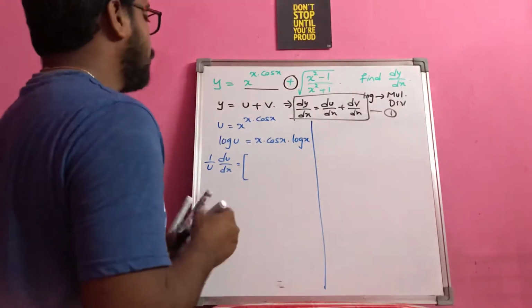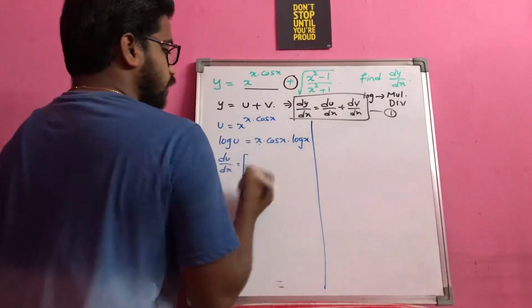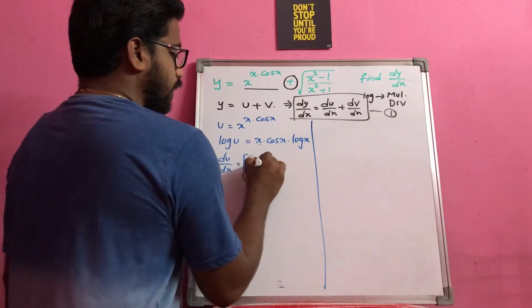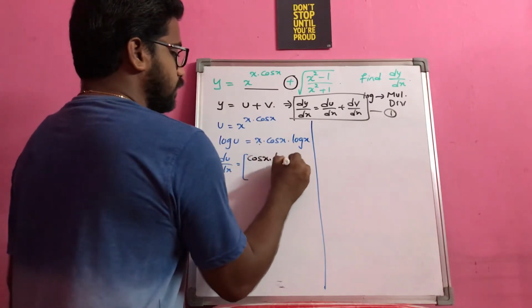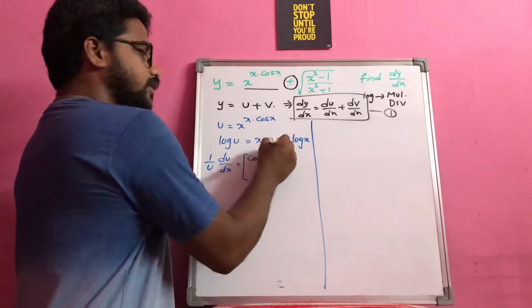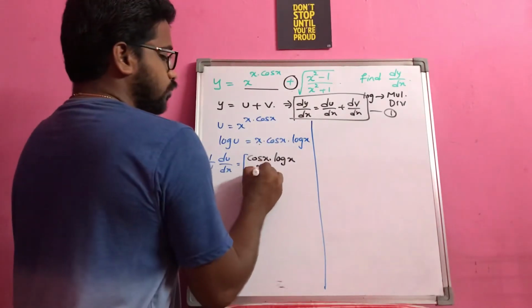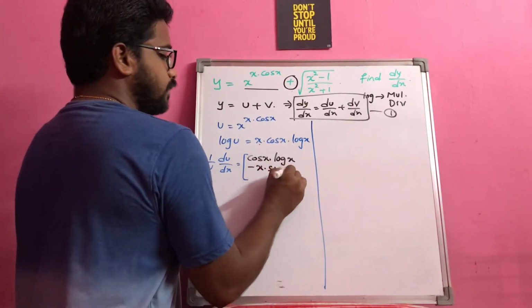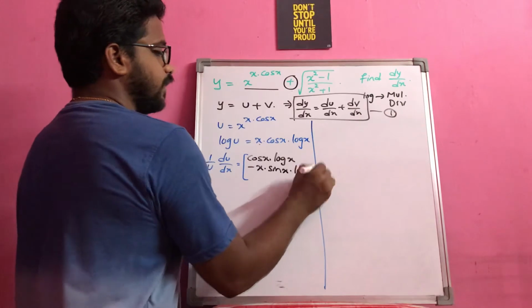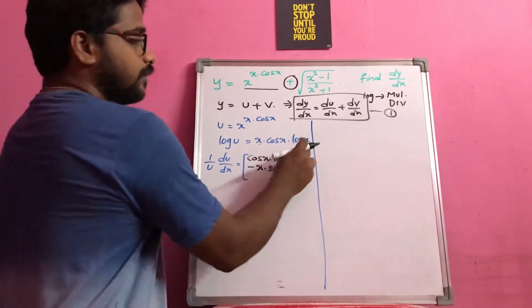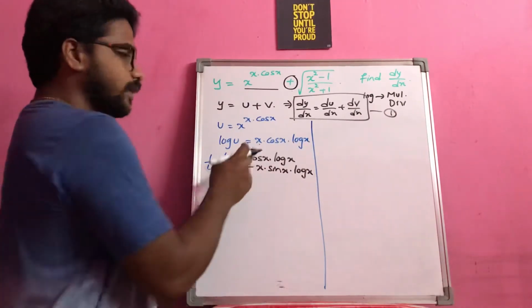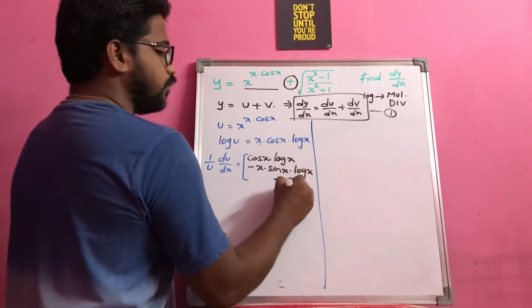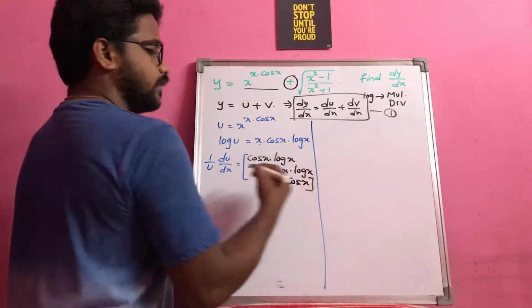So let me take the first function, x derivative is 1, so the remaining 2 terms will be as they are, and cos x derivative is minus sin x, so the remaining 2 terms will be as they are, so minus x sin x log x. Third term, log x derivative is 1 by x, into x cos x gives cos x.